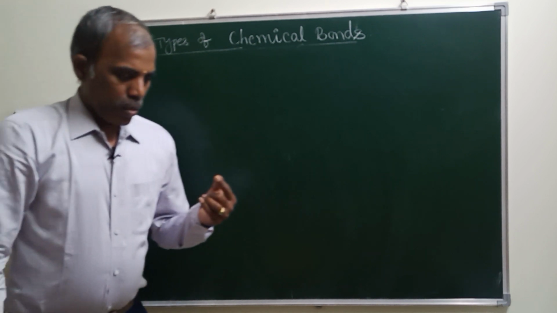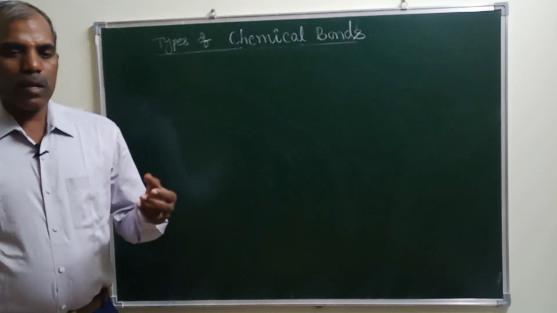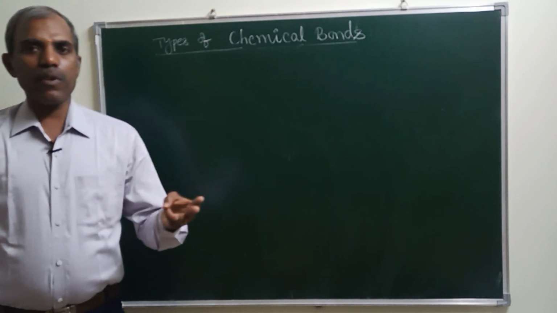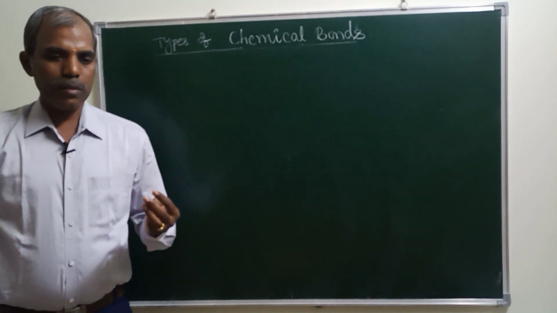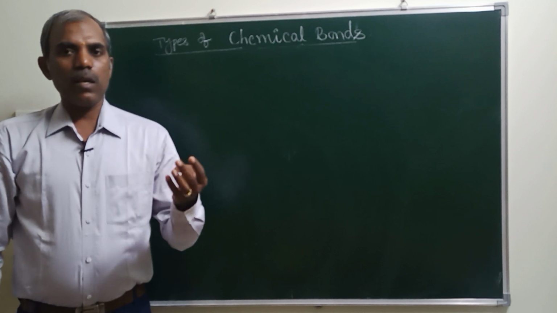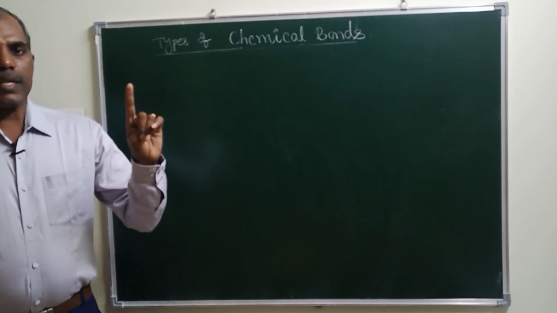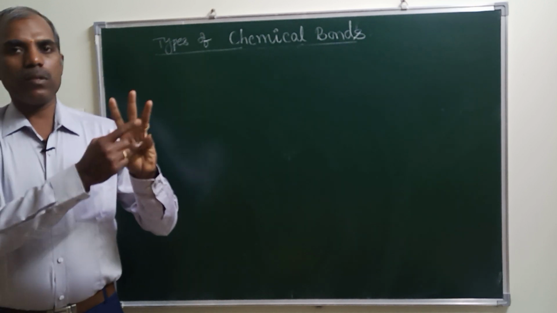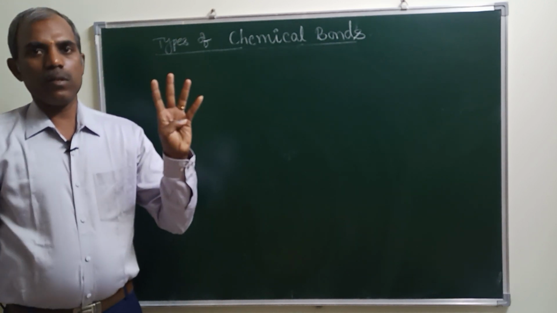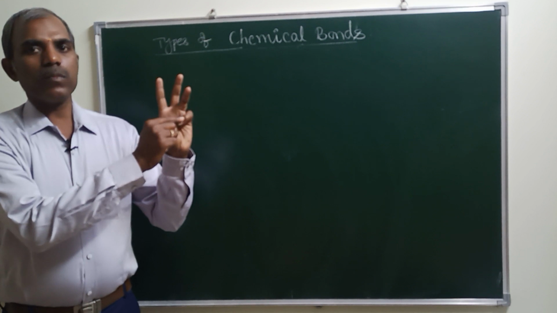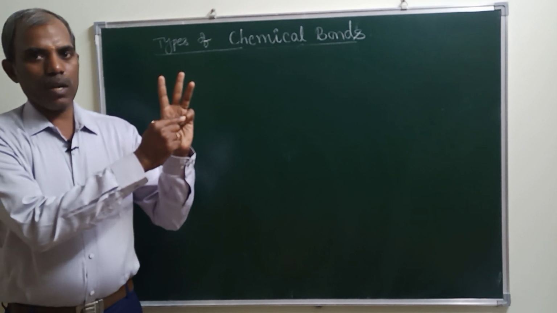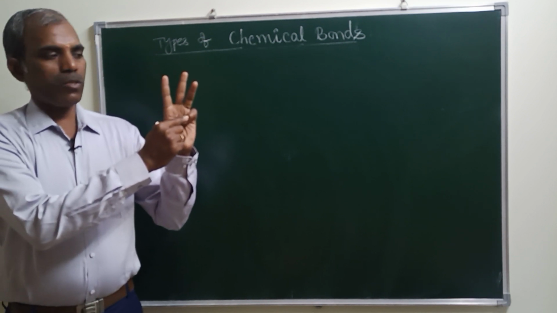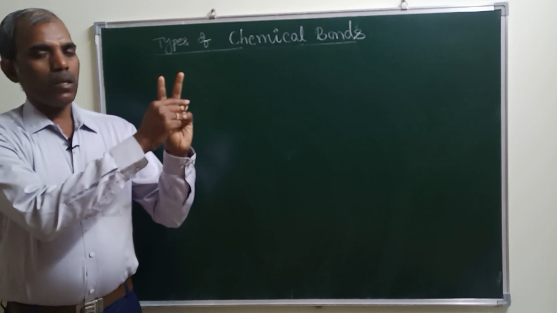As you know, there are three different types of elements in the periodic table, broadly three and minor four: metals, non-metals, metalloids, and then noble gases. Noble gases generally do not get involved in bond formation except xenon and radon.